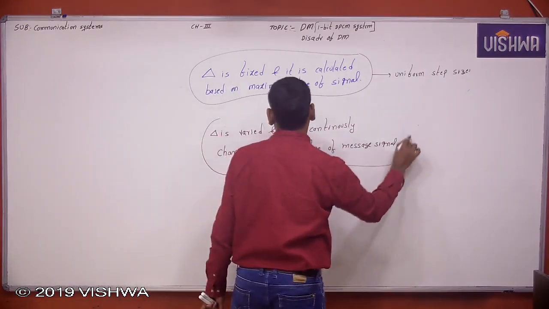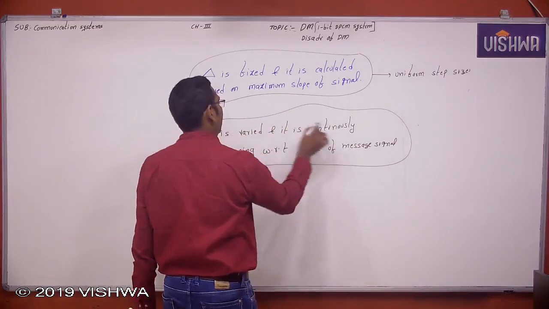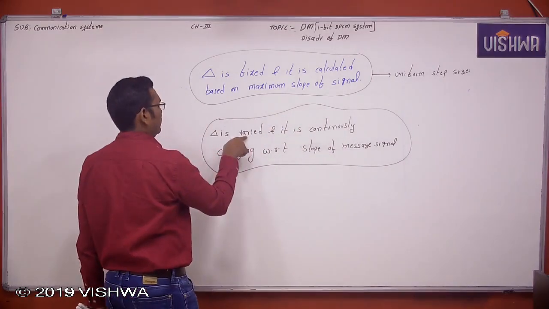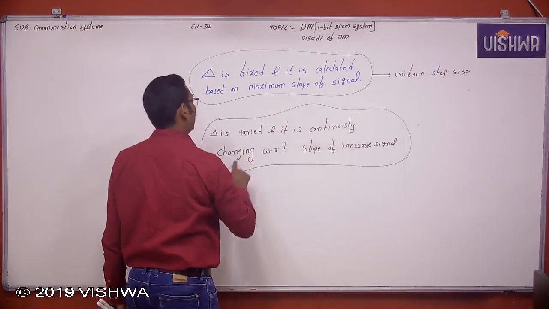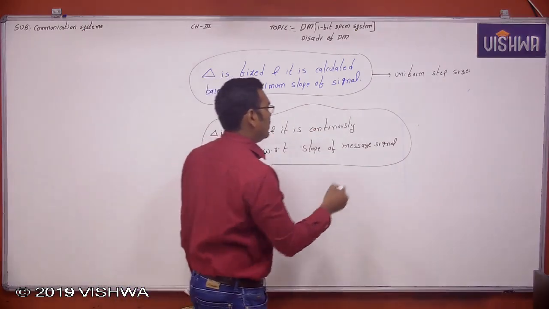This step size is varied and it is not fixed. It is continuously changing with respect to the slope of the message signal, which is very good for us.